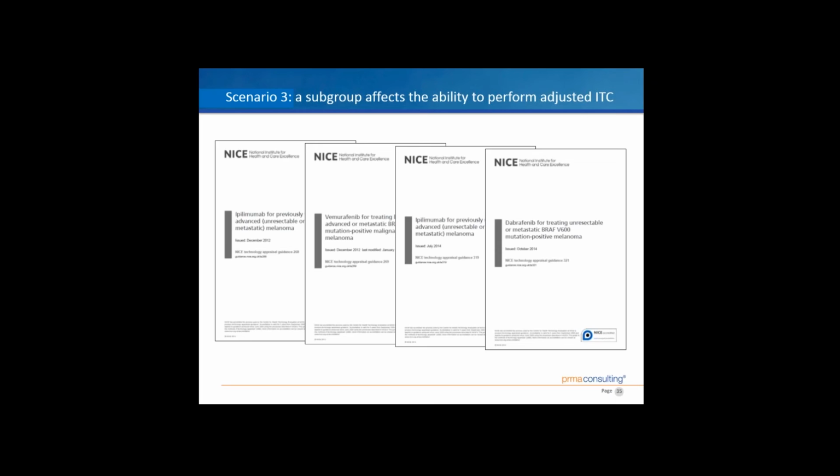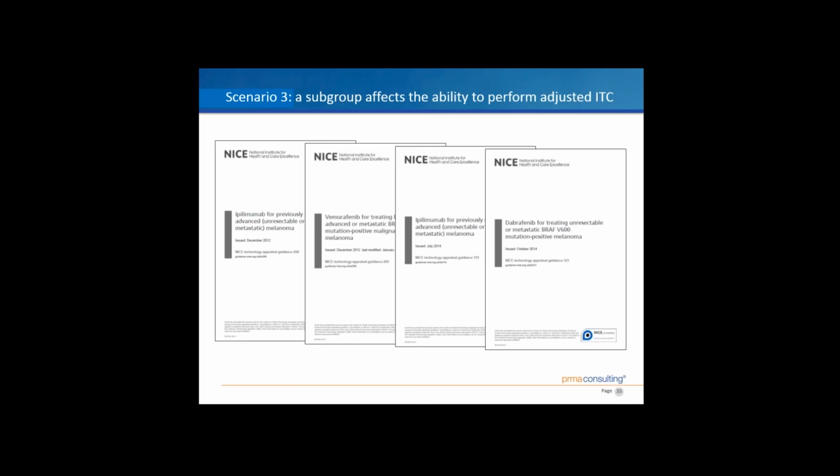You saw the manufacturer significantly altering their approach to the indirect treatment comparison to try to deal with the issue of exchangeability, which became very big in melanoma. Exchangeability is the issue with the similarity assumption. In particular, the patient populations in these trials are not comparable enough to be exchangeable.